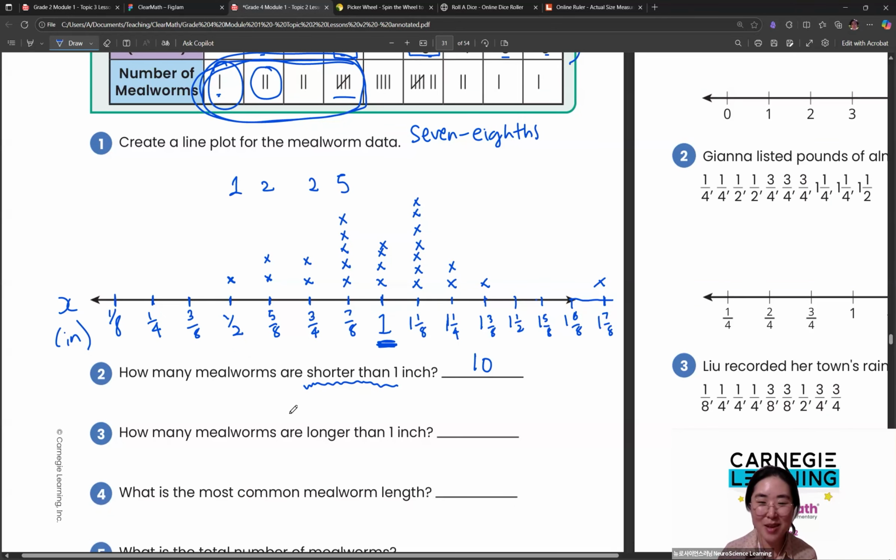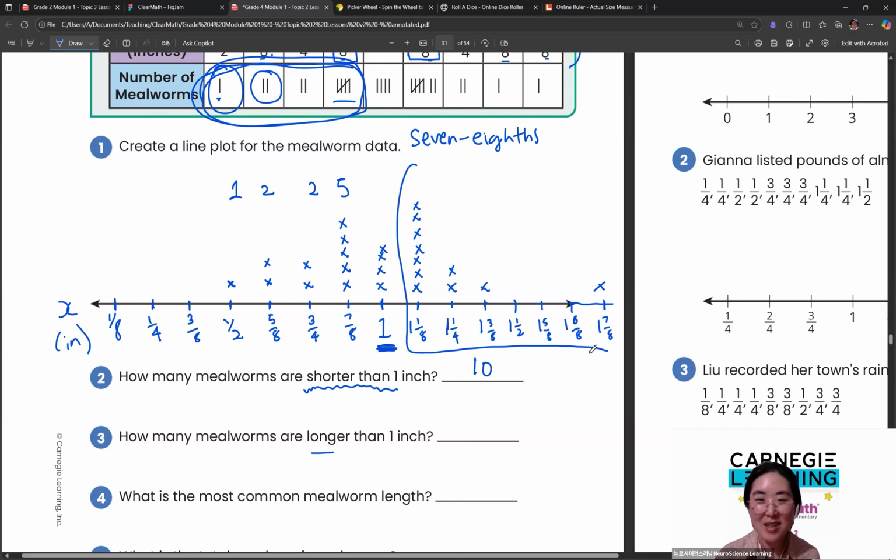Okay, team. How many mealworms are longer than 1 inch? So you have to look at these ones. Just count the X's. 7 plus 4. This is 7, 2, 1, 1. 11.